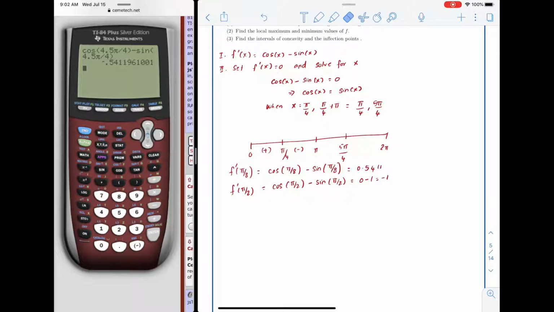Still get a negative number, so it's slightly greater than pi, so we have negative.